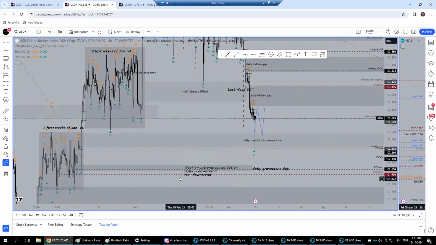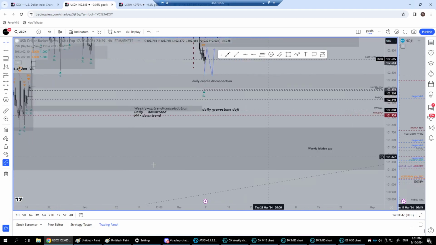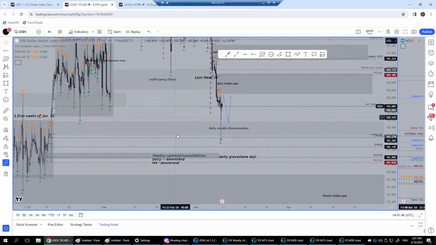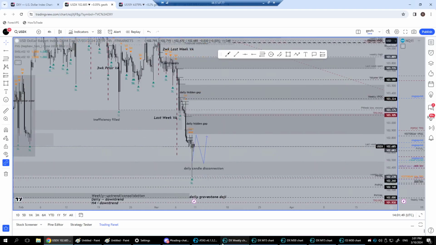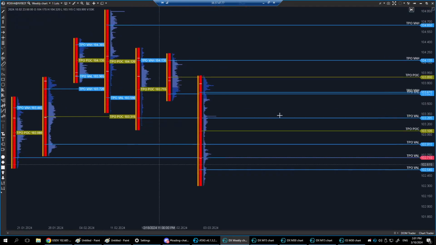So anyway, right. What else lower down? We've got this weekly hidden gap. I think that's enough for the downside. We've kind of noted everything. What about the upside? We noted the TPO POC already, didn't we?